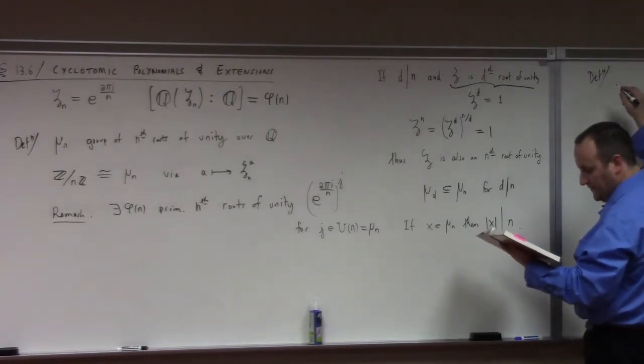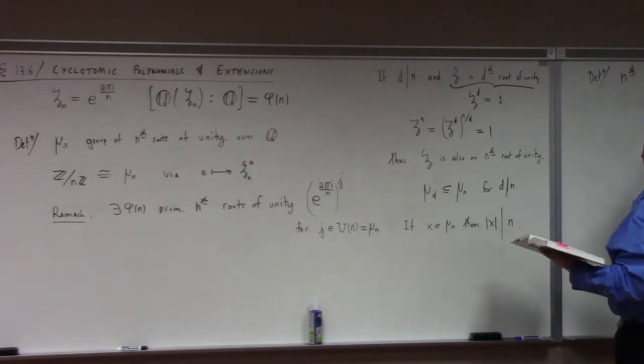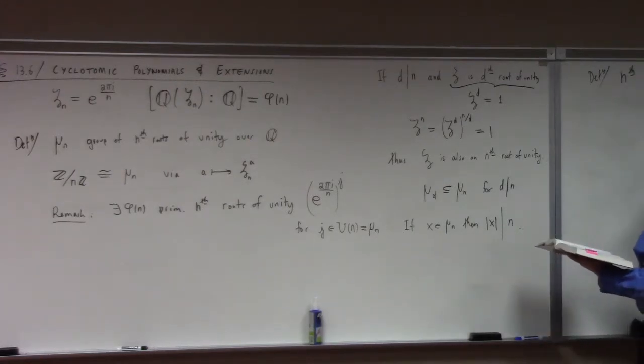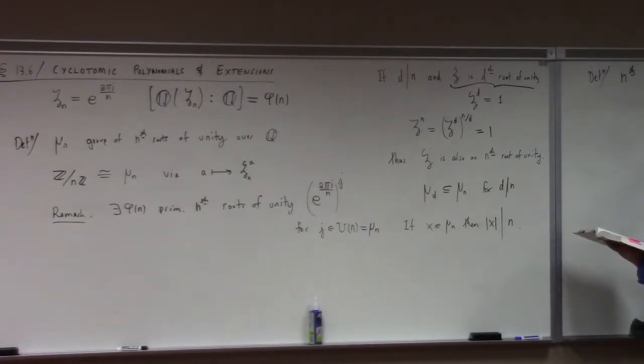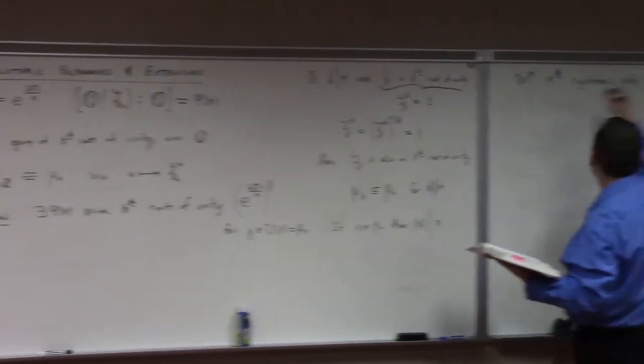The nth cyclotomic polynomial, which we will denote phi n of x, is the polynomial whose roots are the primitive nth roots of unity.